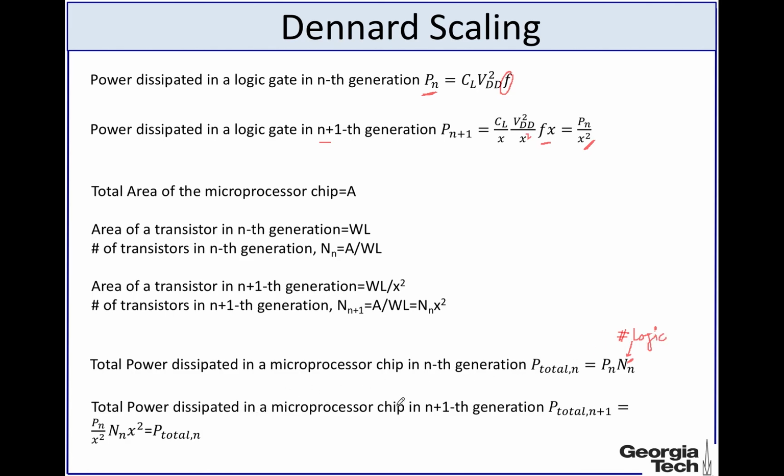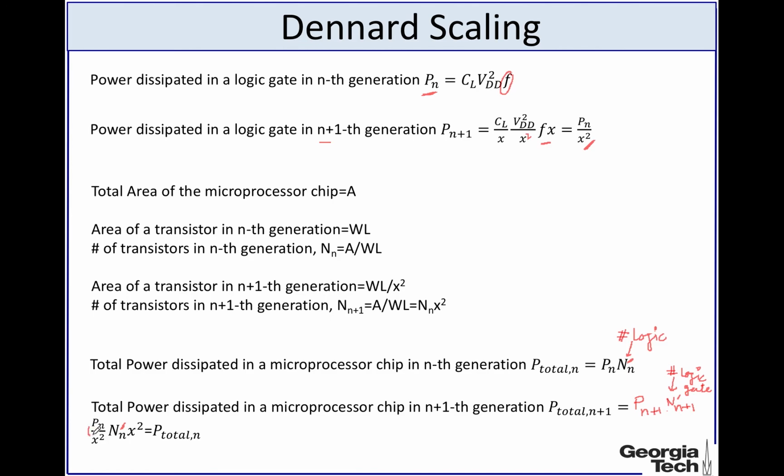Now in the n plus 1 generation, the total power dissipated will be Pn plus 1 multiplied with Nn plus 1 prime, again the total number of logic gates in the n plus 1 generation, and this Nn plus 1 prime is Nn prime multiplied with x squared.